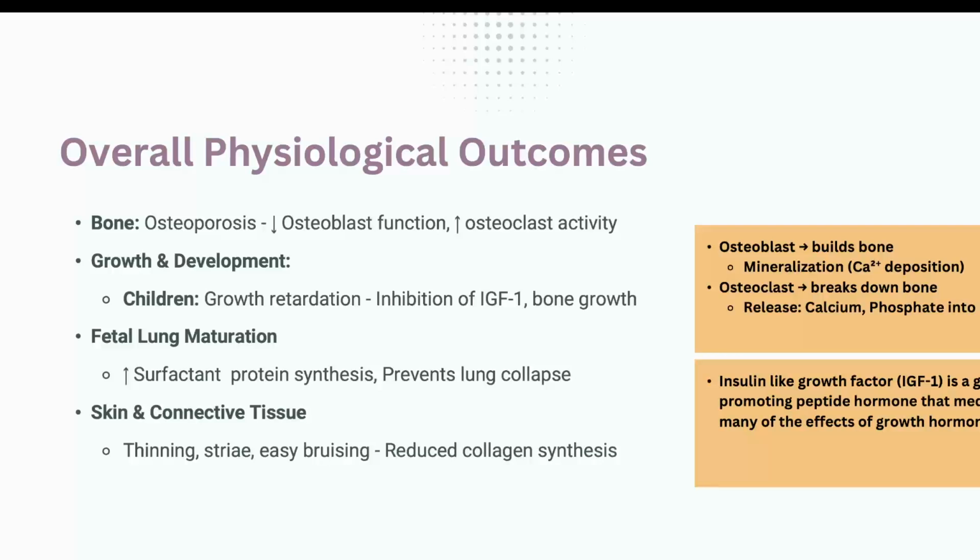Fetal lung maturation, this is very important, and the gynecologist and obstetrician use the exogenous glucocorticoids to ensure that the fetal lung matures. The dose of glucocorticoid, for example dexamethasone or betamethasone, these are long acting and stronger than the other glucocorticoids.